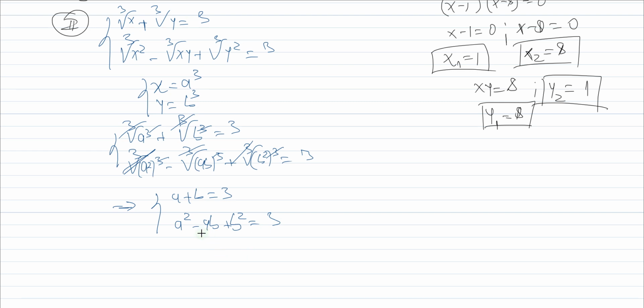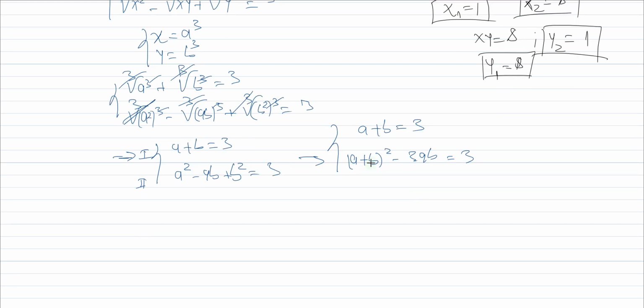So I have a plus b equal to 3, and I have to complete the square in the second equation. So we're going to have (a plus b) squared minus 3ab equal to 3. And here we have that a plus b is equal to 3.